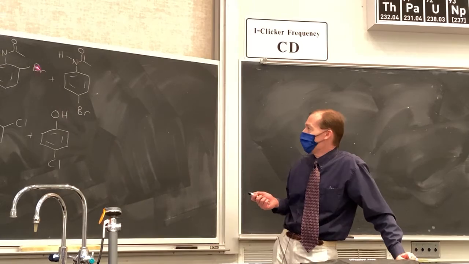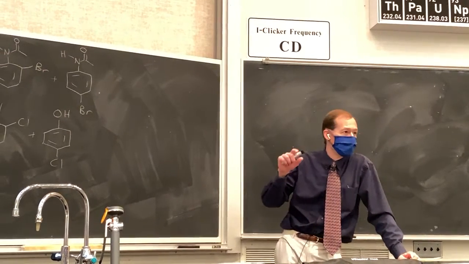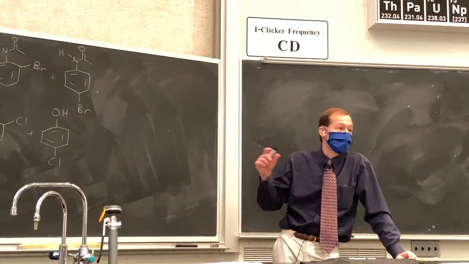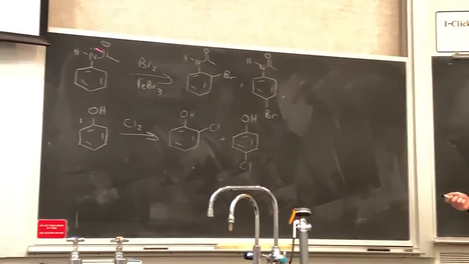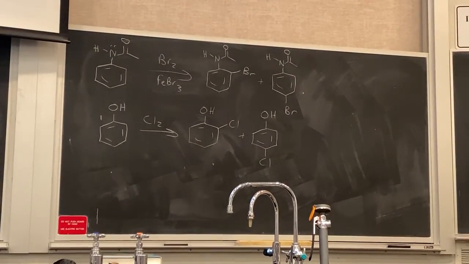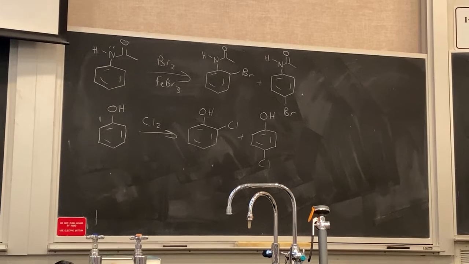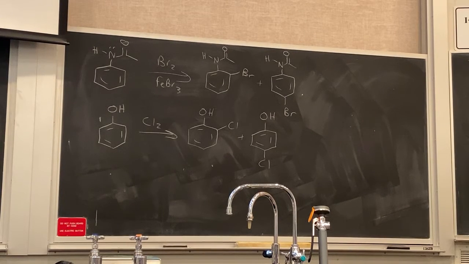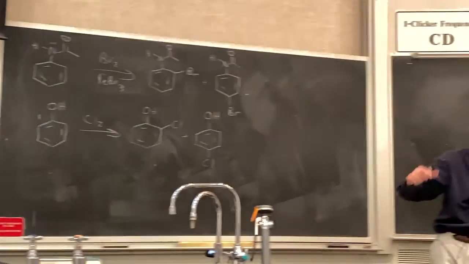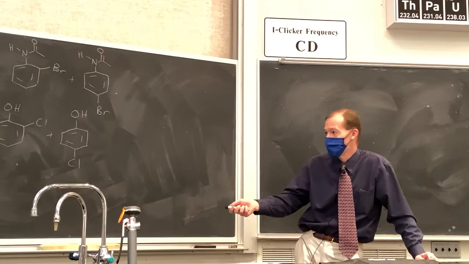So when we have a medium activating group, and then we attach a weak deactivating group, now the reactivity is too low for the polyhalogenation to occur. If we had a strong activating group and a weak deactivating group, then we'd be able to have the polyhalogenation, which we see here with the amine.